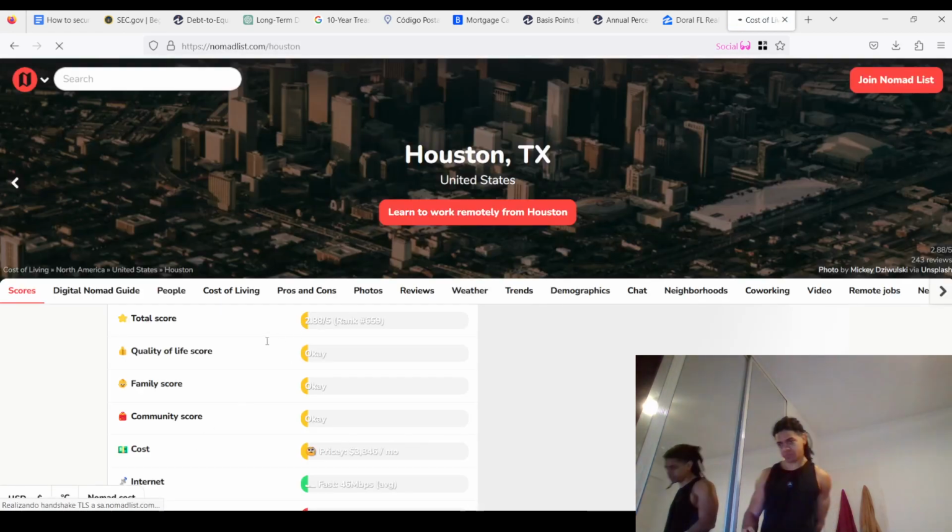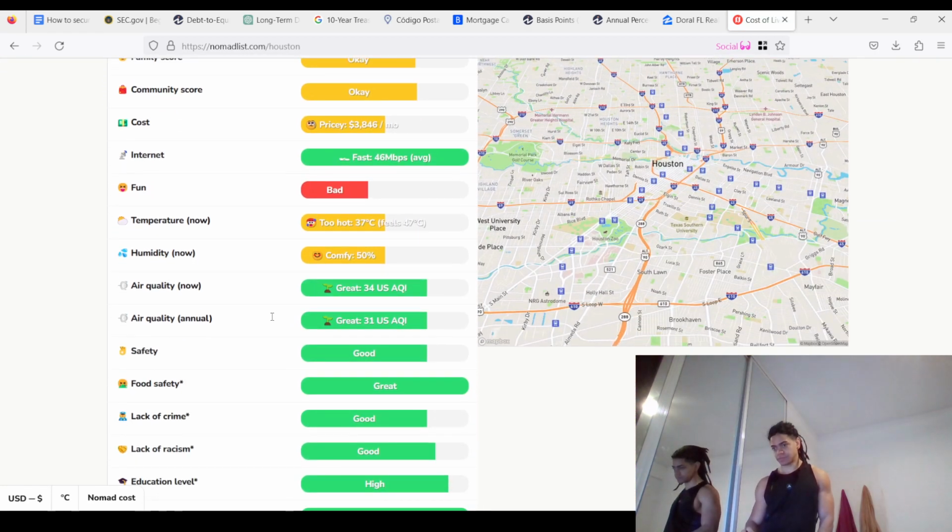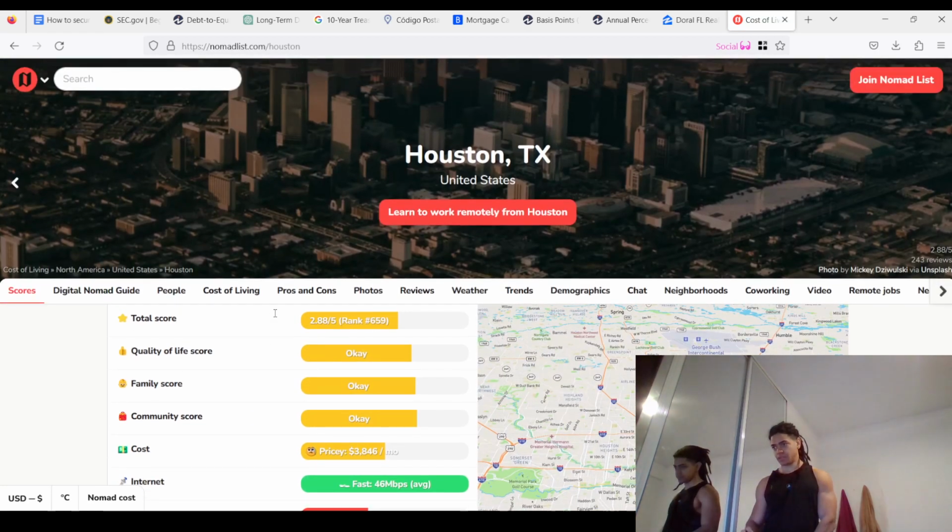Houston. Okay, it's pricey. Interesting.